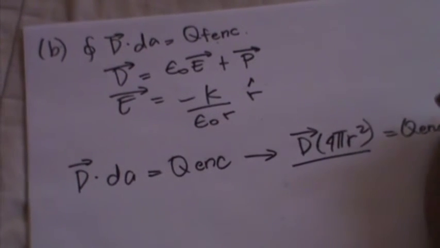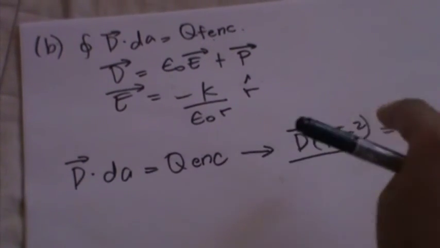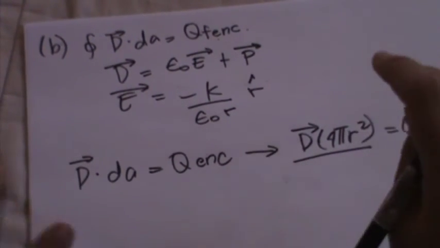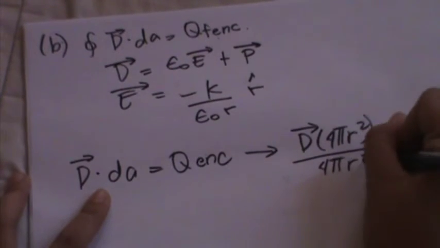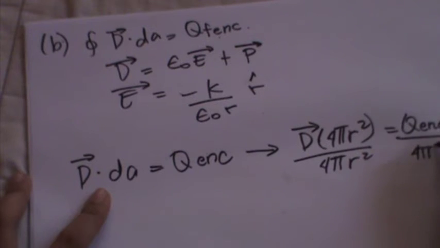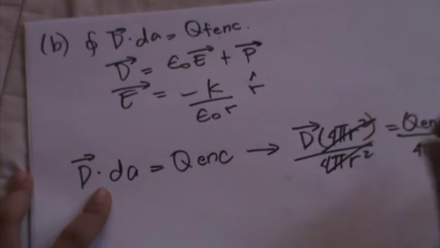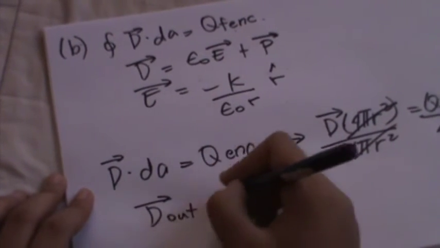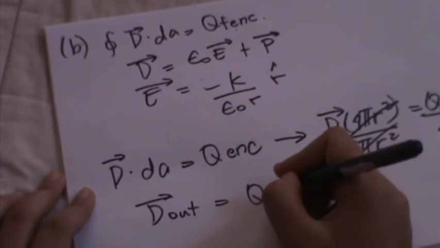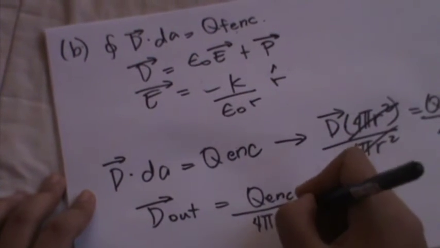After that, we want to be left with the D out only. So we divide both sides by 4 pi r squared. The 4 pi r squared cancels. So we're left with D out is equal to Q enclosed over 4 pi r squared.